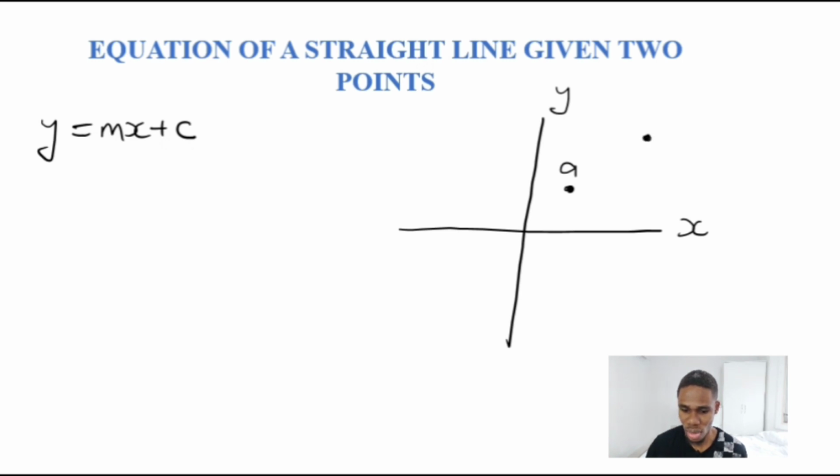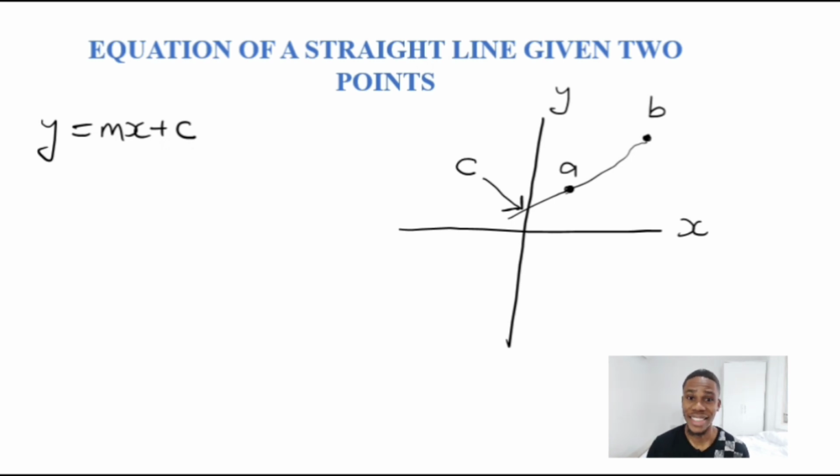So this is the x coordinate and this is the y coordinate for point A and point B. So what you need to find is the gradient, otherwise known as the slope. So you find the slope and you find the intercept. So this right here, the intercept on the y-axis is your c.